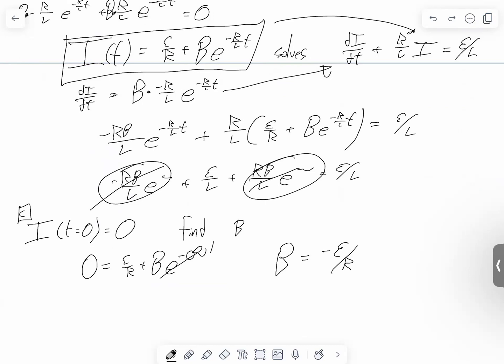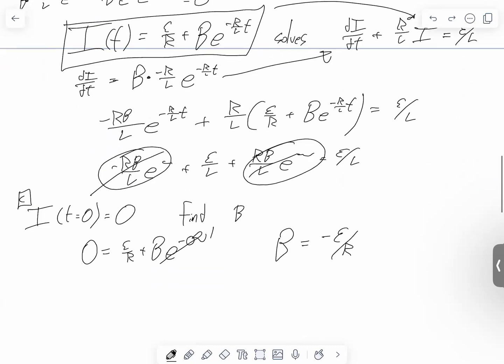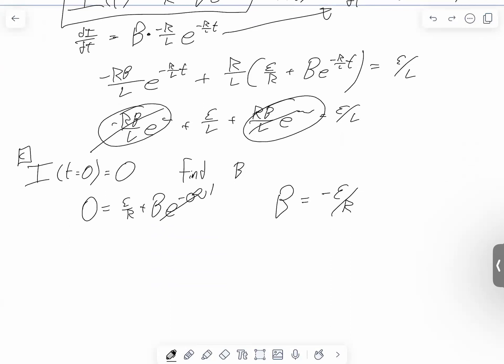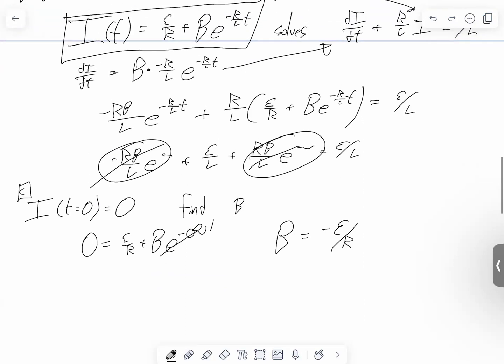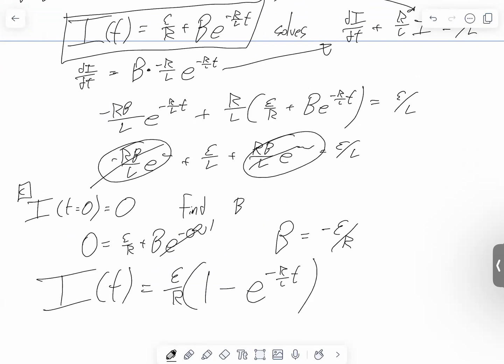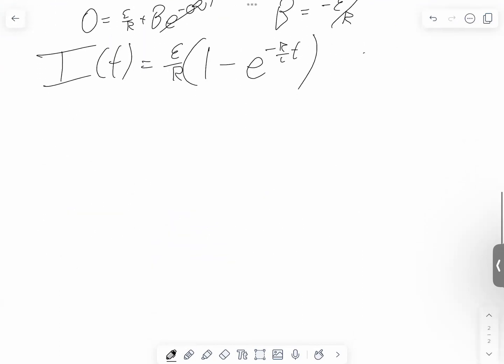Okay, so now we've got our master equation with the undetermined constant determined by the initial condition. And I usually see this written as current as a function of time equals E over R, factored out, times 1 minus e to the negative R on L t.